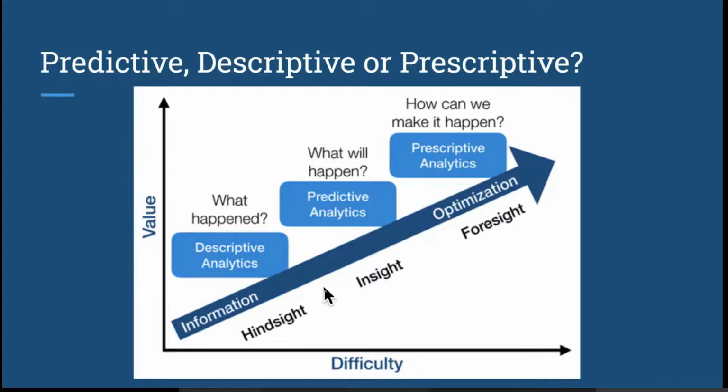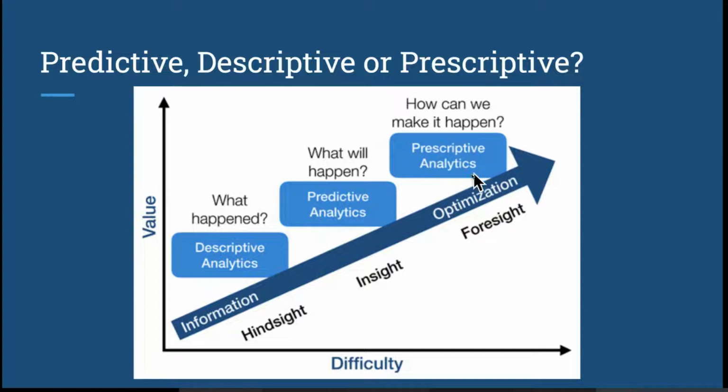For descriptive analytics, it means you want to analyze what happened, what is the cause behind the information and so on. For predictive analytics, we want to predict, for example, what will happen in the near future, in a few months or a few years later.